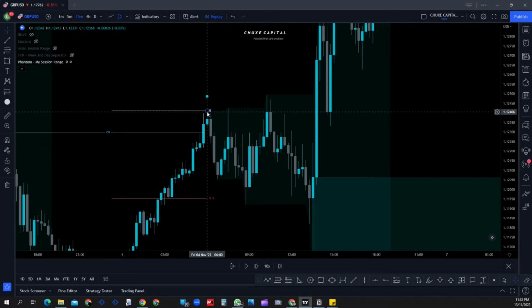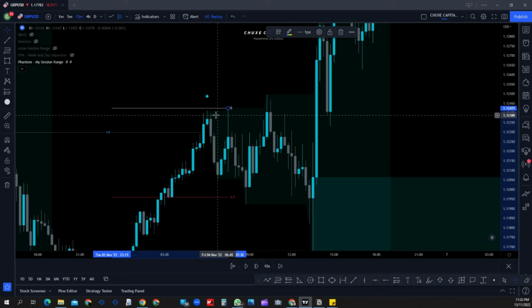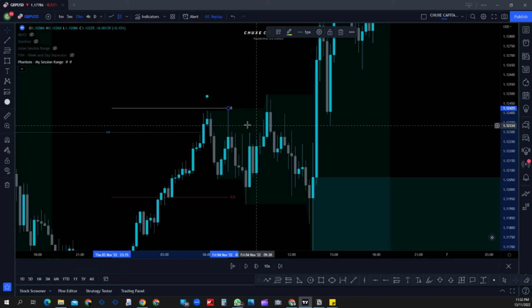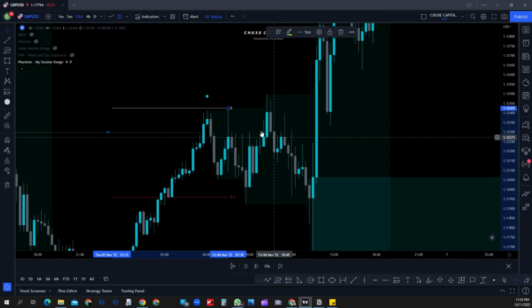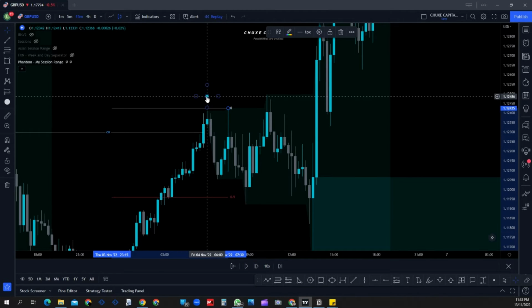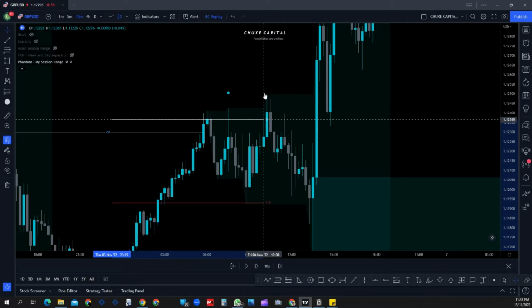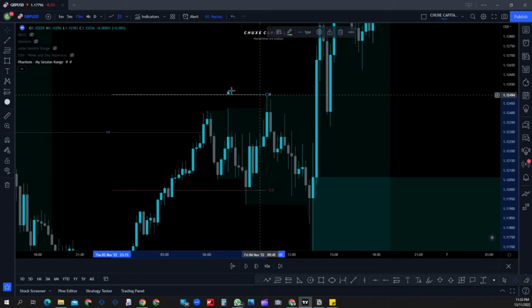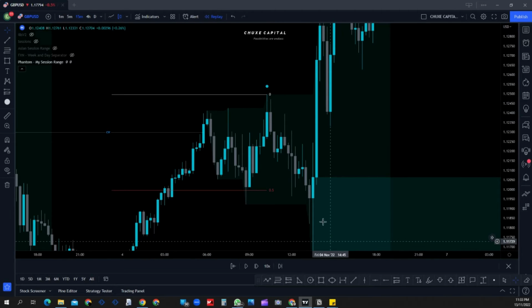We didn't have a break here, so we use this high. So even this didn't break, so we can just use that. Can use this range, highest point before the pullback.